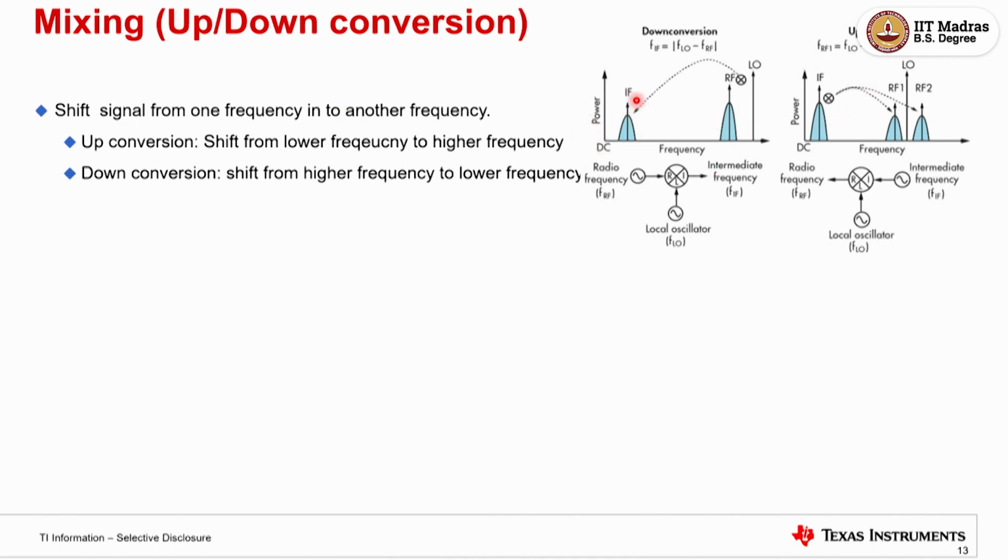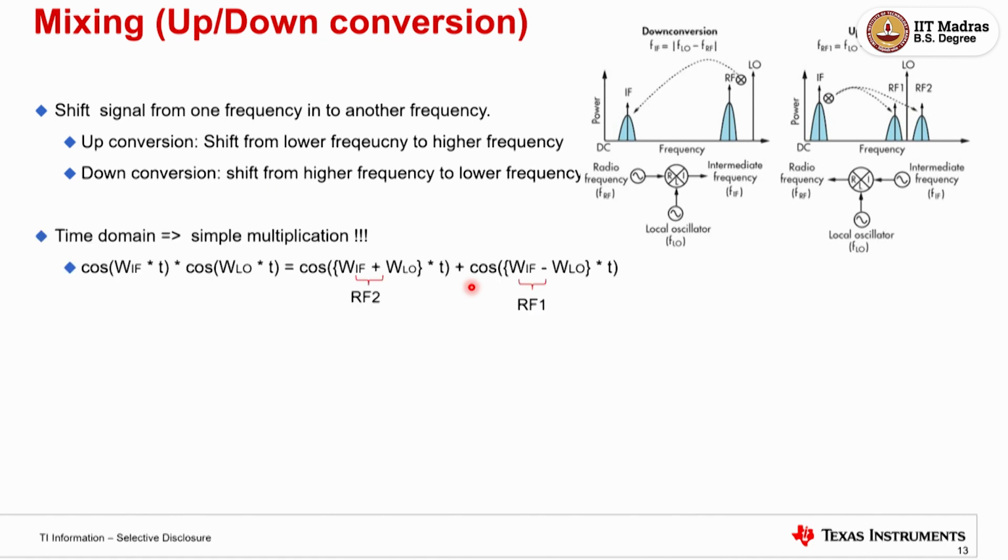So you can clearly see the information from here shifts. I want to shift it to this. How do I do it? Simple thing: simple multiplication. You take time domain, you take a cos and you multiply it with another cos. This is the carrier frequency, this is your message frequency. Cos A times cos B, from trigonometry, is cos(A plus B) and cos(A minus B).